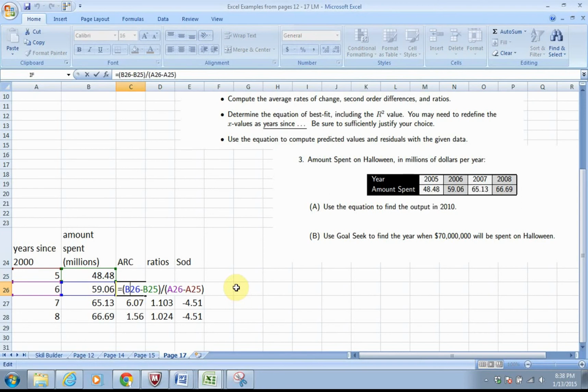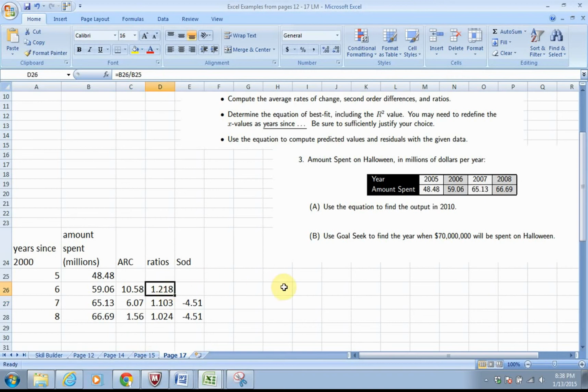And remember, it's the difference in the y values, or here the amount spent in millions, divided by the difference in the x values, or the time that's passed, the years. Be very careful with your parentheses there. When you hit enter, you can see the 3 values that I generate for the average rate of change just by double clicking down.